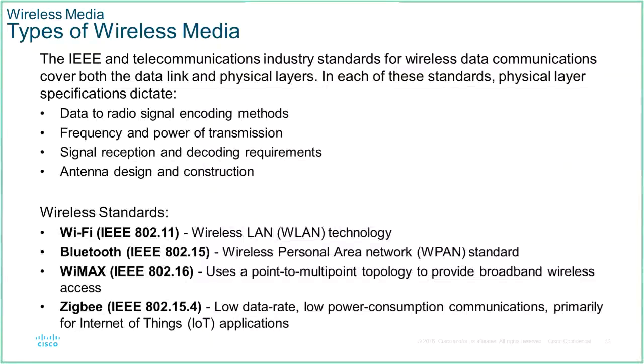So Wi-Fi is .11, and then you've got the A, B, G, N, and so forth that you're all used to. Bluetooth is 15, WiMAX, which is a broadband wireless service, is 16, and the new Zigbee, which is the Internet of Things, is 15.4 because it's basically a modification of personal area networks, which are not supposed to be over a wide area.